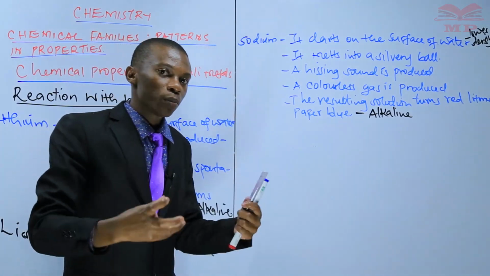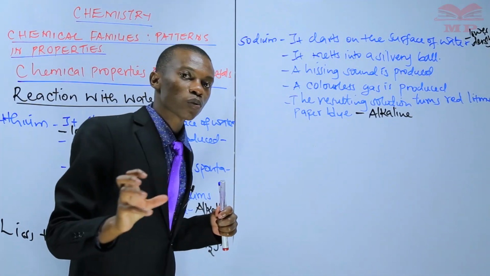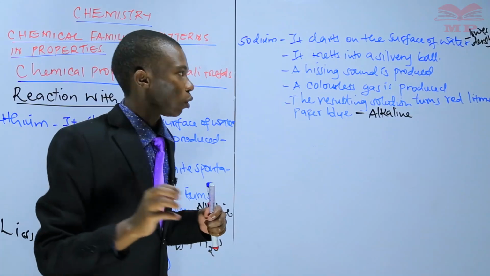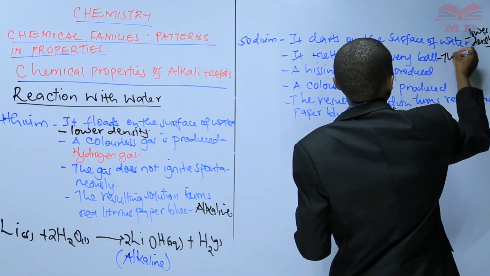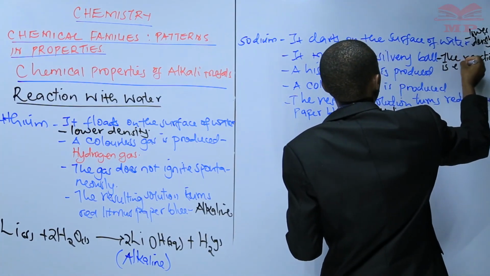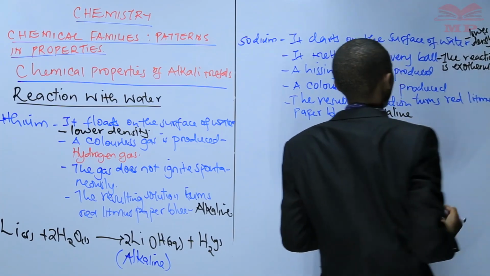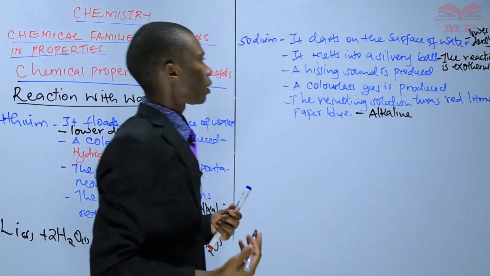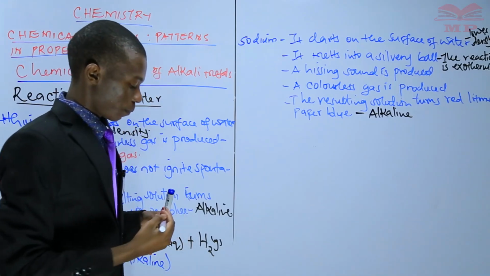So the heat produced by this reaction is now what is melting this small piece of sodium metal into this ball. So it melts because the reaction is exothermic, the reaction which is leading to production of heat to the surrounding.